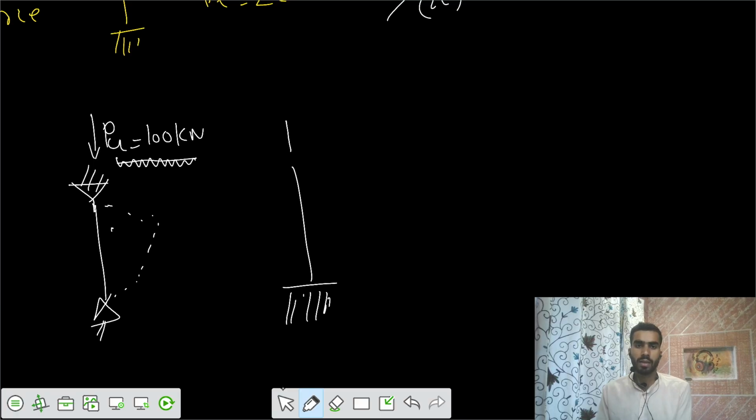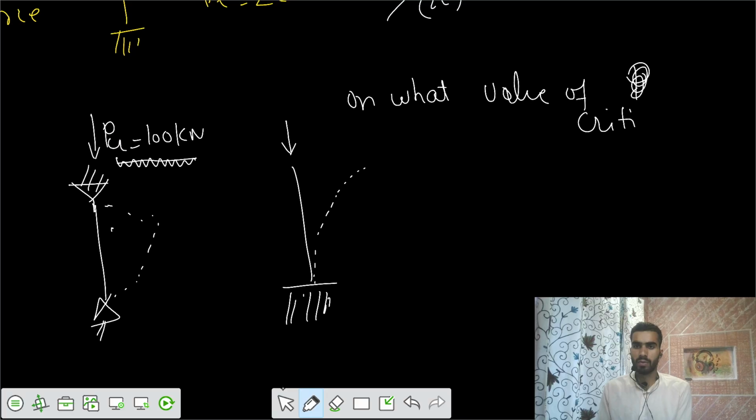And if I apply load to the fixed-free column, at what value of P would this column start critical buckling? Neutral equilibrium has reached critical buckling.